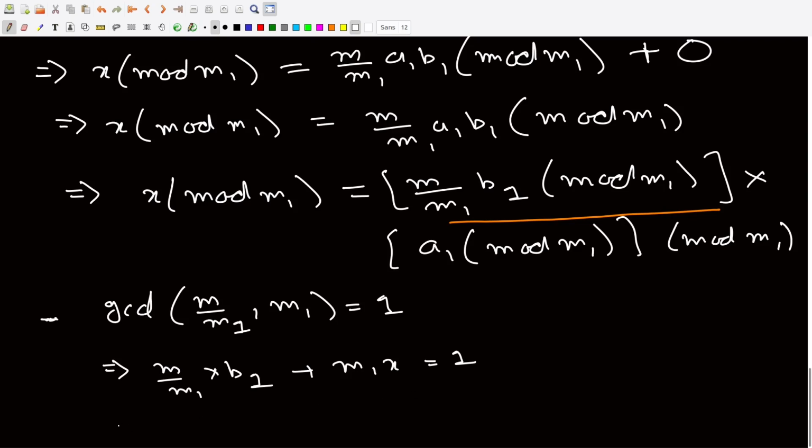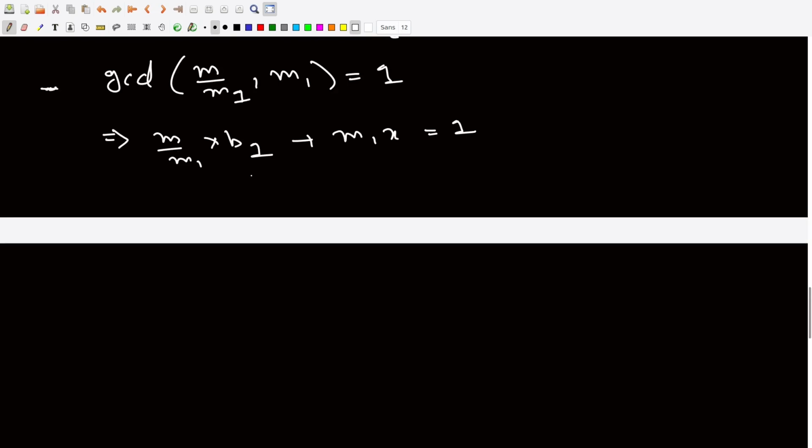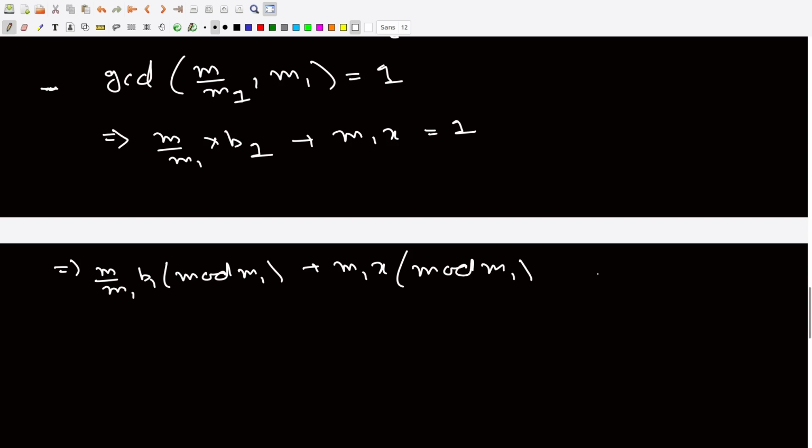Now let us take a modulo m1 operation on both sides of this equation. So taking the modulo operation, this becomes m upon m1 b1 mod m1 plus m1x mod m1, and this is equal to 1 mod m1, right? This term evaluates to 0.